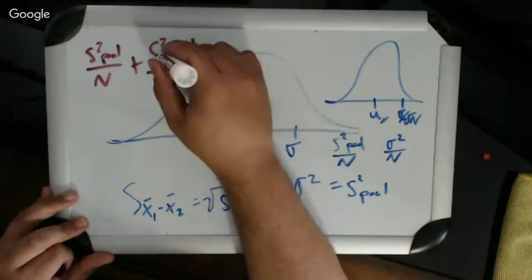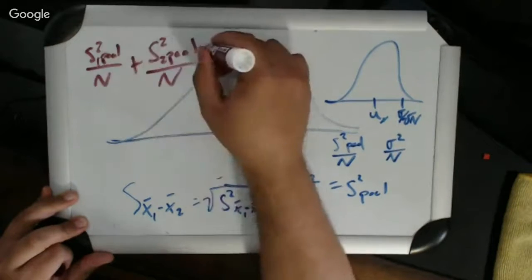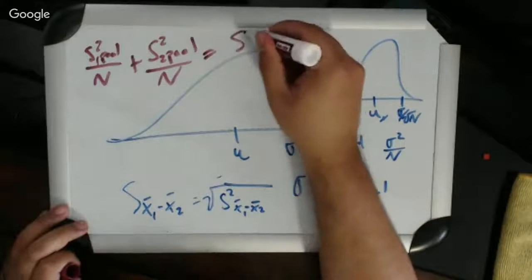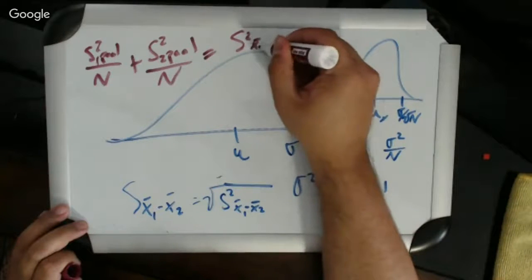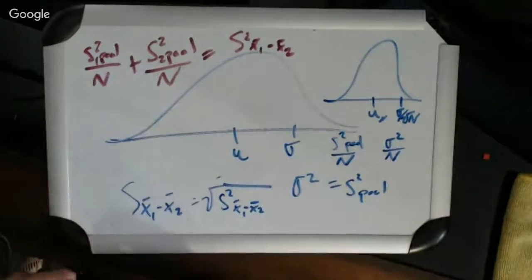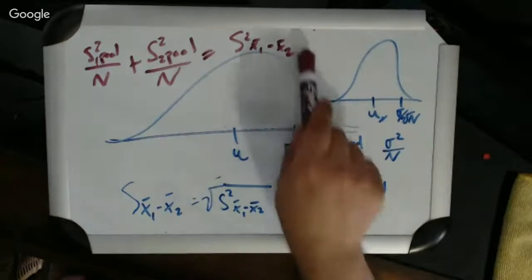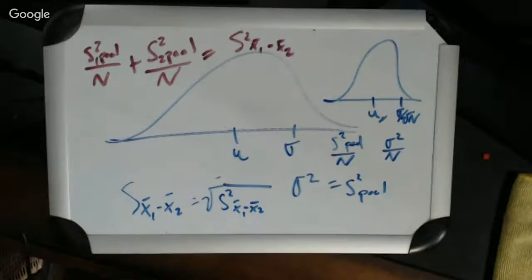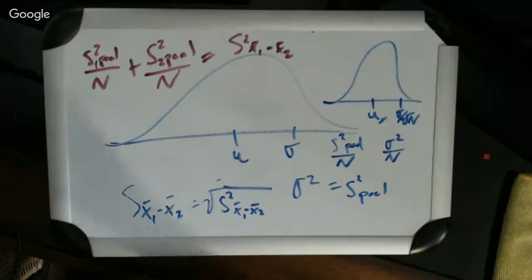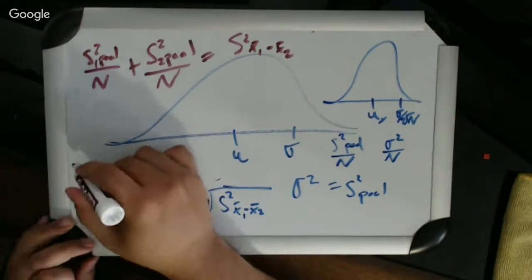So we add these two variances together, and when you add the two variances of their sampling distributions, you get the variance of their differences. Then we take its square root, and that gives us the standard error of the differences.